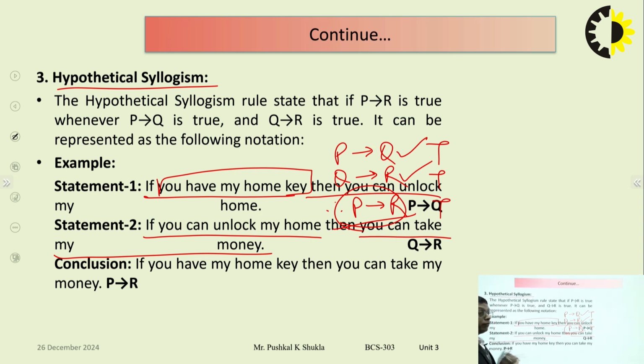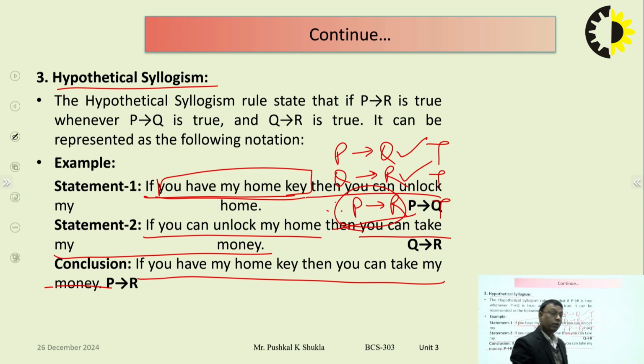What we will infer from these two propositions is P imply R: if you have my home key, then you can take my money. So, we infer from P imply Q and Q imply R, P imply R. This is known as the hypothetical syllogism.